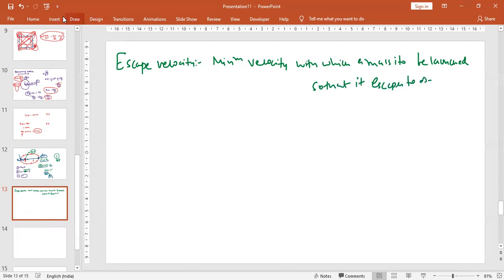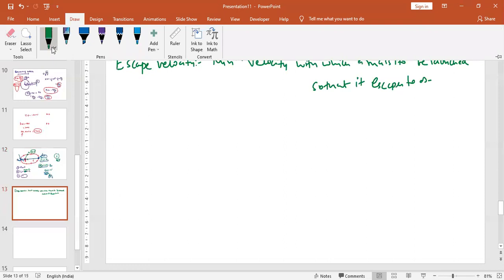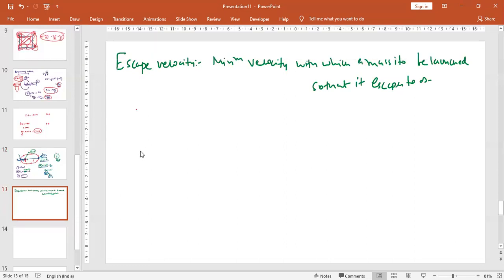So the escape velocity is the minimum velocity with which you have to launch something so that it can escape to infinity. It means it will never return back.